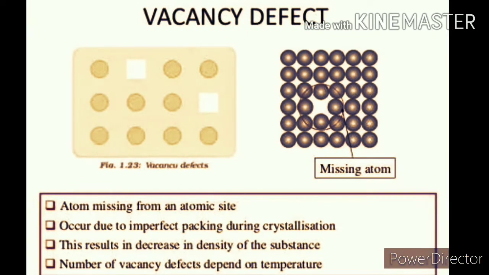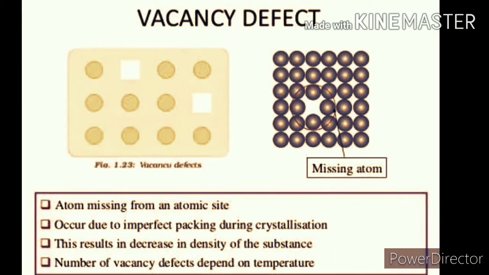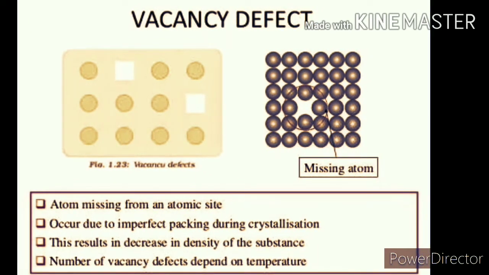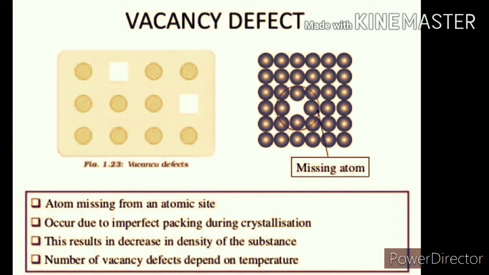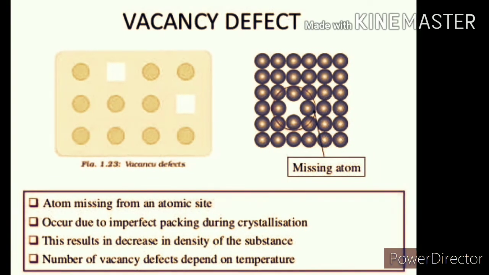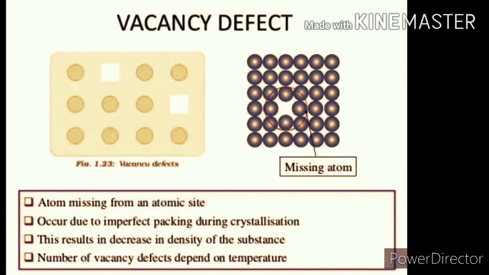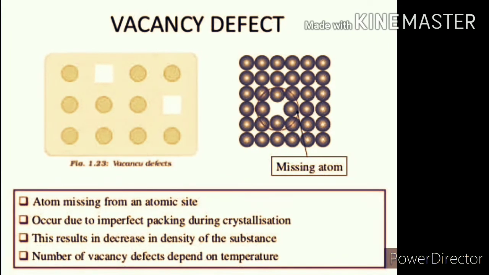The first defect is vacancy defect, which occurs in non-ionic solids, and it is also called thermodynamic defect, as it also occurs when such crystals are heated. It comprises vacant lattice sites, which results in a decrease in the density.